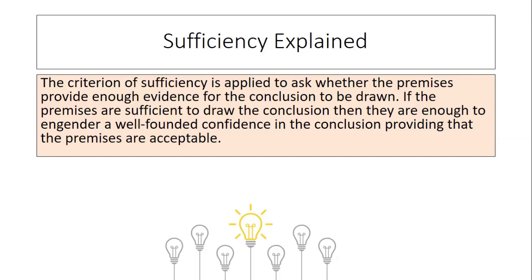If your premise is acceptable and if it's relevant, we can then consider if it's sufficient or not. When we're talking about sufficiency, we're looking at whether the premises are acceptable and relevant, and if they are, whether they provide enough evidence to draw the conclusion.